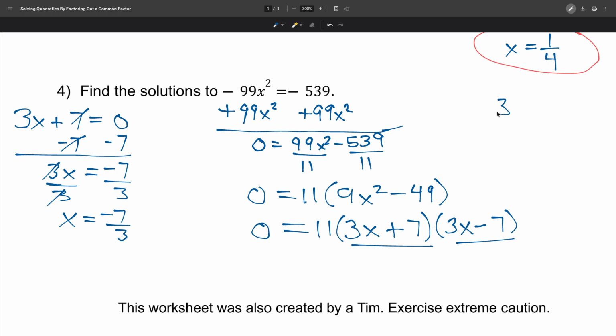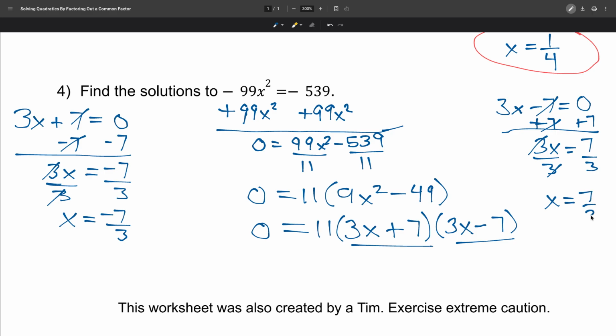We'll also say 3x minus 7 equals 0. So we add 7 to both sides. 7 minus 7 is 0. We get 3x equals 7. Divide by 3. And x equals 7/3 is our other solution.